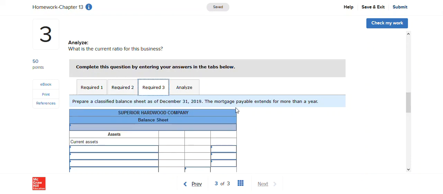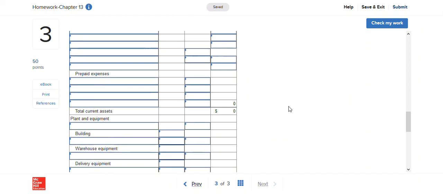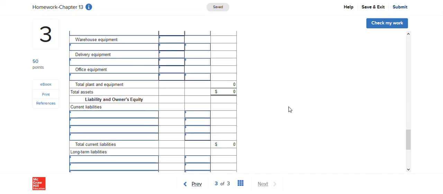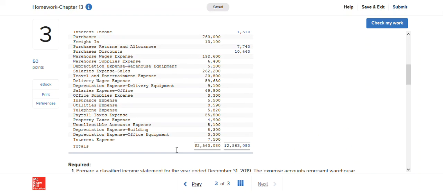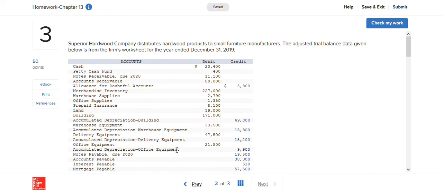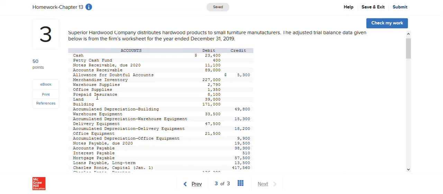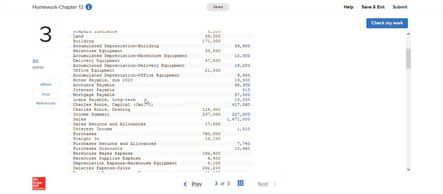In your classified balance sheet, they've got it categorized pretty well, so I don't think you'll have any problems. But remember, you've got some things that are current, some things that are long-term. When you look up here at your worksheet amounts, you should start with cash and everything all the way down to loans payable should be on the balance sheet.